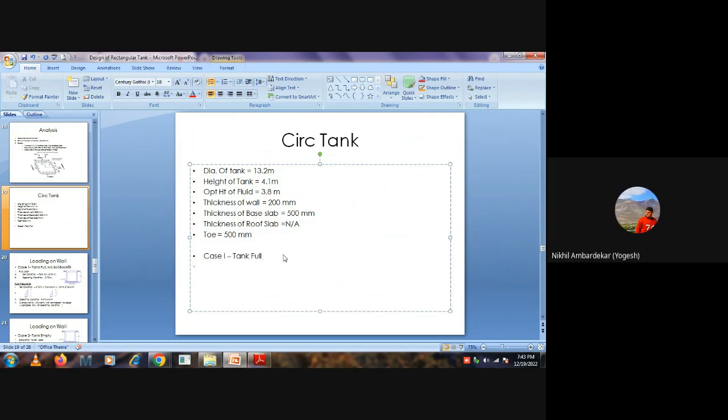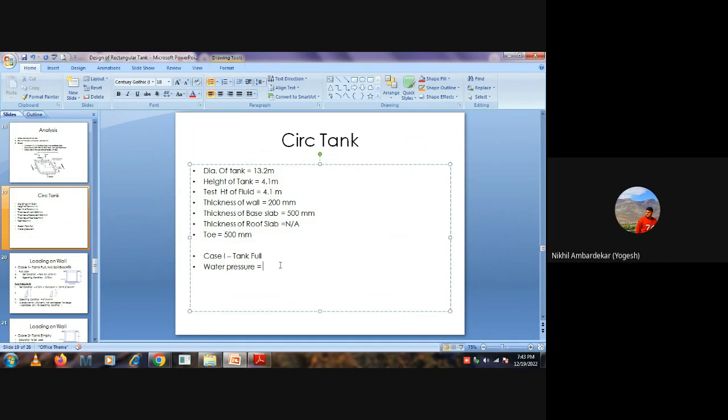Tank full, water pressure. What will be the water pressure for test condition? Someone tell me. I will just change this to 4.1 only.